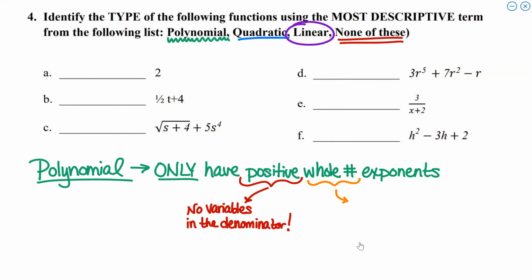But anytime you see a root or a radical, that is a fractional exponent. So no roots or radicals over a variable, not exponent.